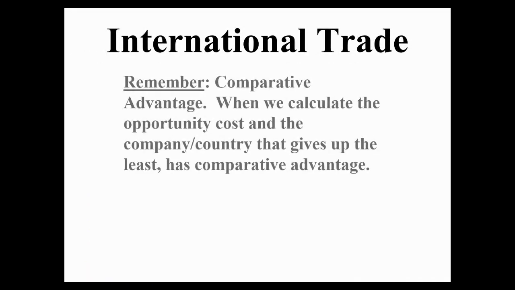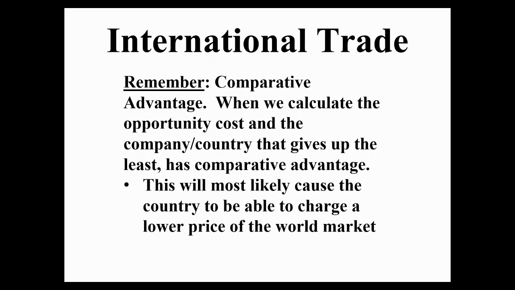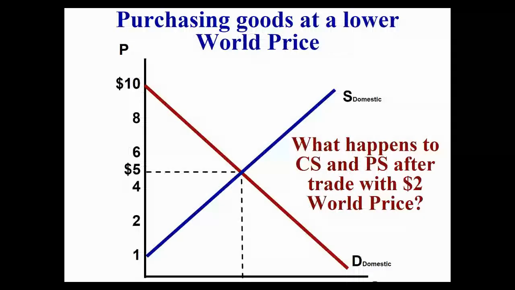So we have to remember when we talk about international trade, we have to look at comparative advantage. Does a country have comparative advantage? Remember, a country that has a comparative advantage, their opportunity costs are less than another country's, therefore the costs will be lower, essentially less of an opportunity cost, and so the product's price is typically cheaper.